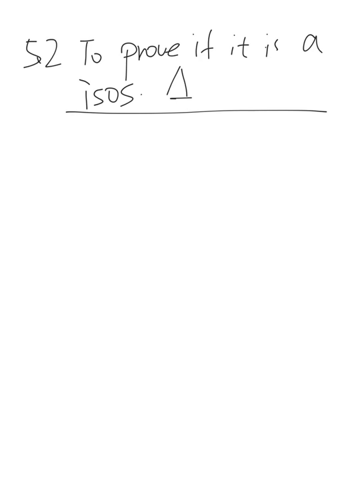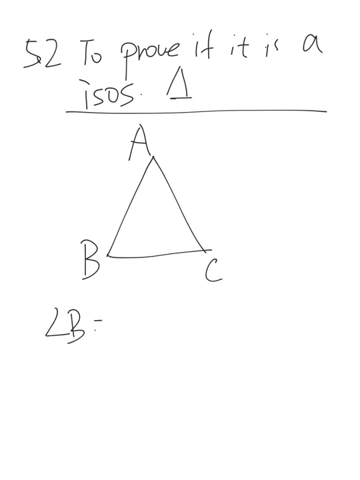Now, on the other hand, if we have a triangle right here, but we don't know whether it is an isosceles triangle, but we know the fact that the base angle is the same. That means angle B is equal to angle C. Then we will know that AB is equal to AC.